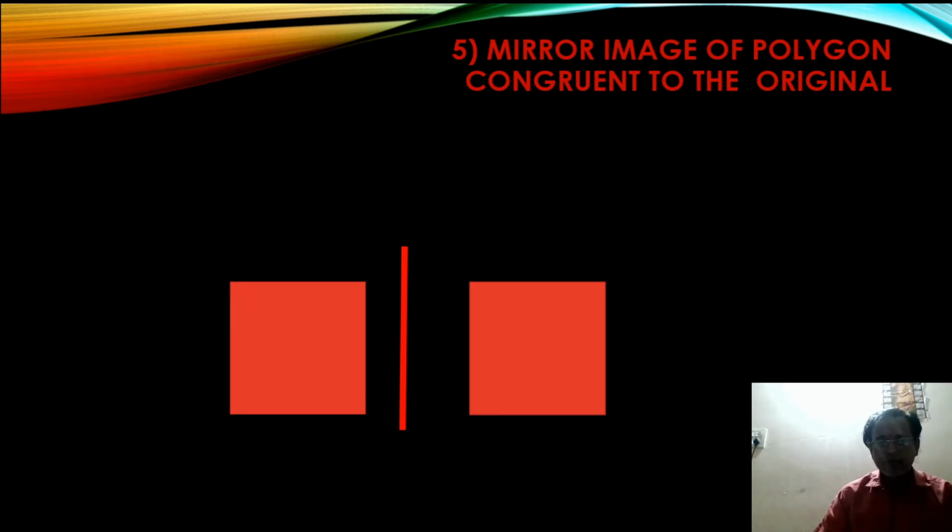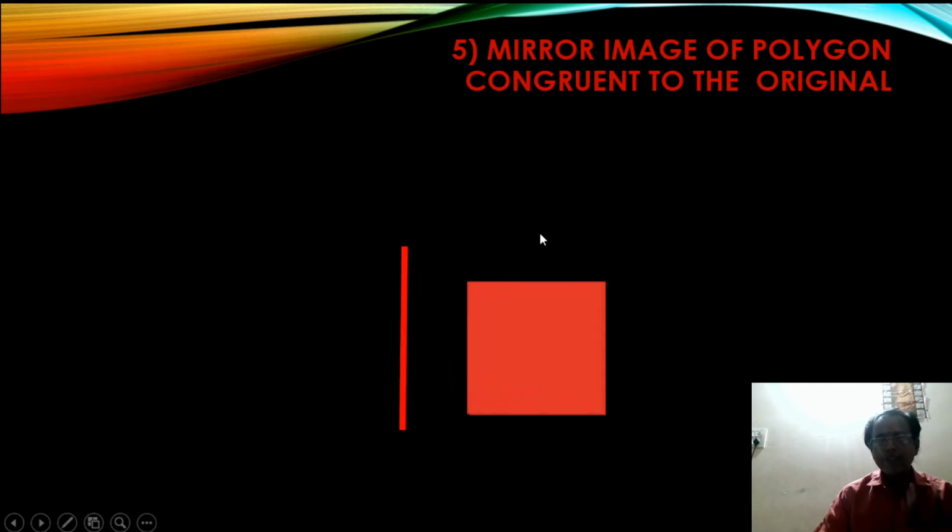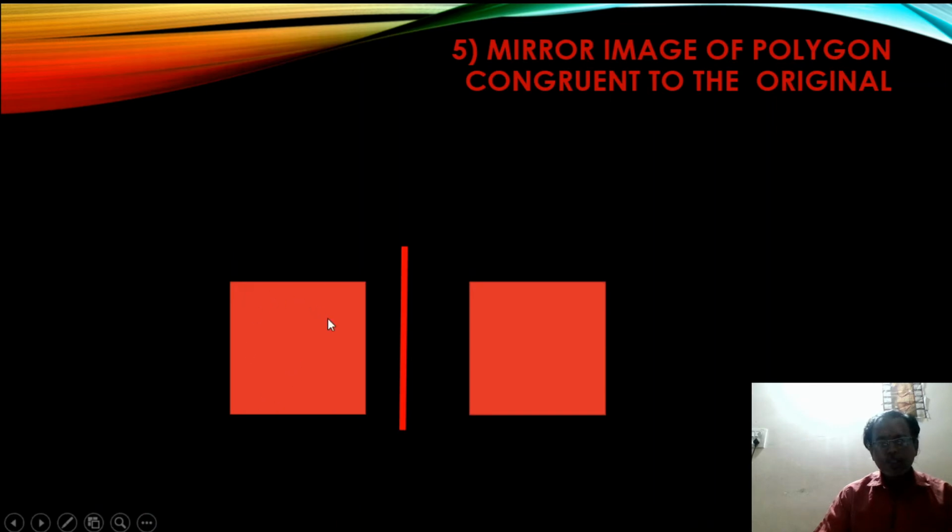Now next, mirror image of a polygon is congruent to the original. Is it true? Mirror image of a polygon. I am taking one polygon here, a square. This is treated as a mirror, and its image. So can you say these two are congruent? Yes, in this way we can say congruent. So congruency means the corresponding sides and their corresponding angles must be equal.